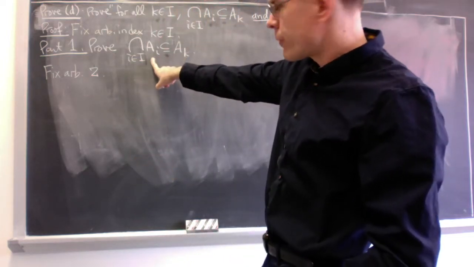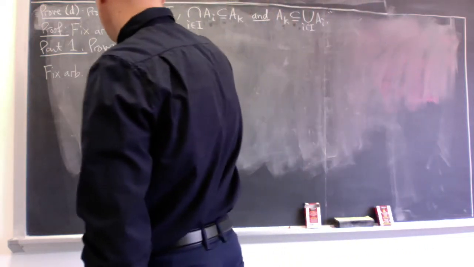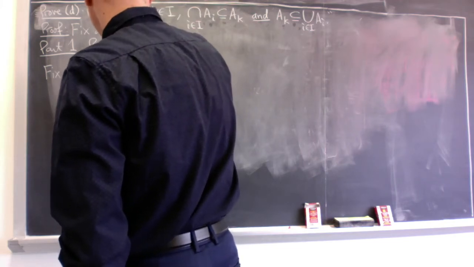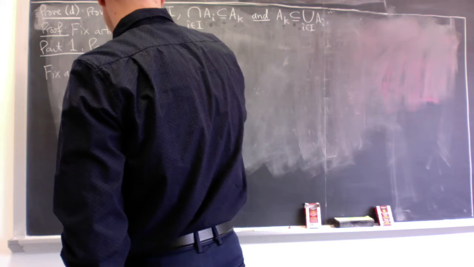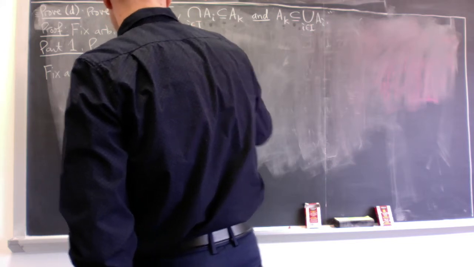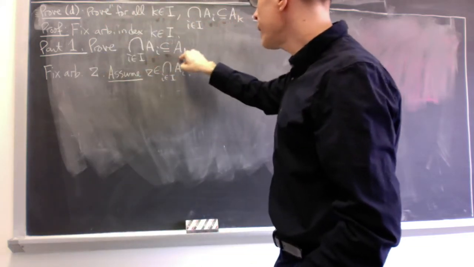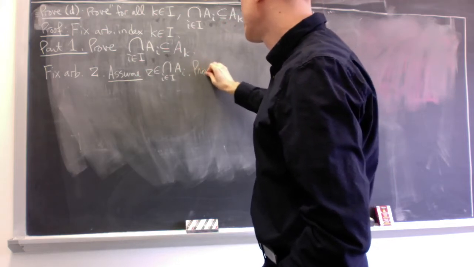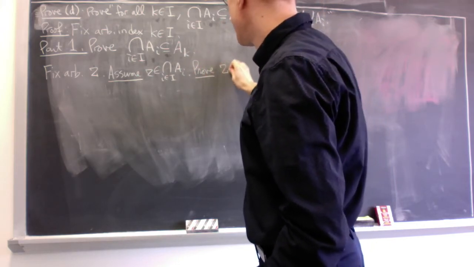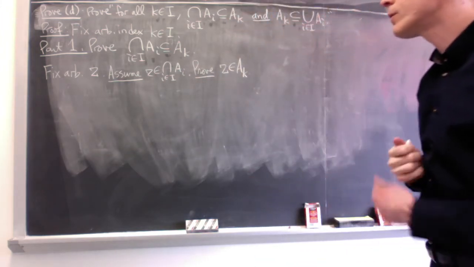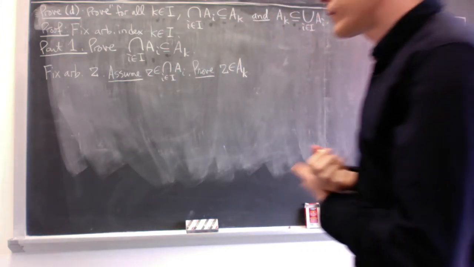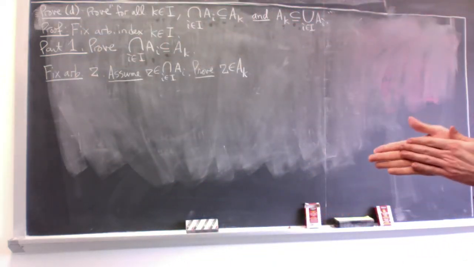Assume z is a member of the left-hand set, whatever it may be. In this case, it's a general intersection. And prove, as a new goal, that this z is a member of the right-hand set, A_k in this case. I'm underlining these logical status words that I'm still using.